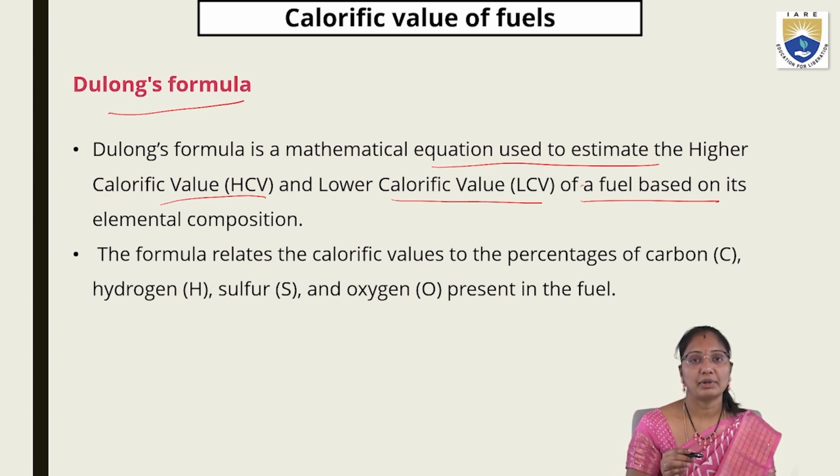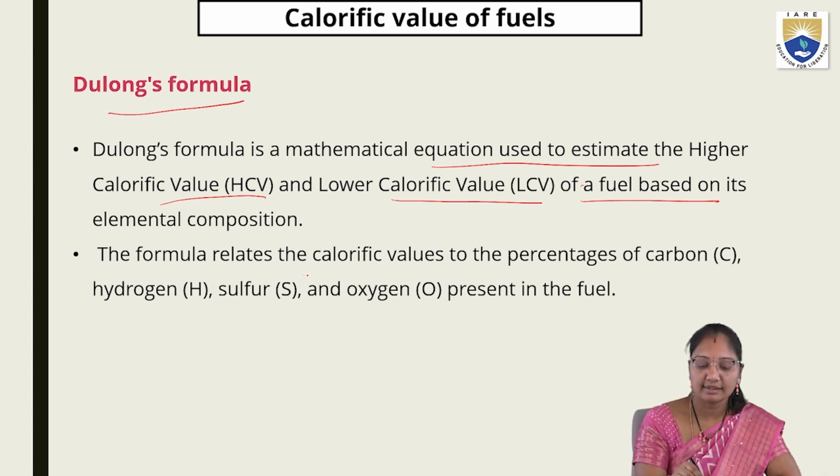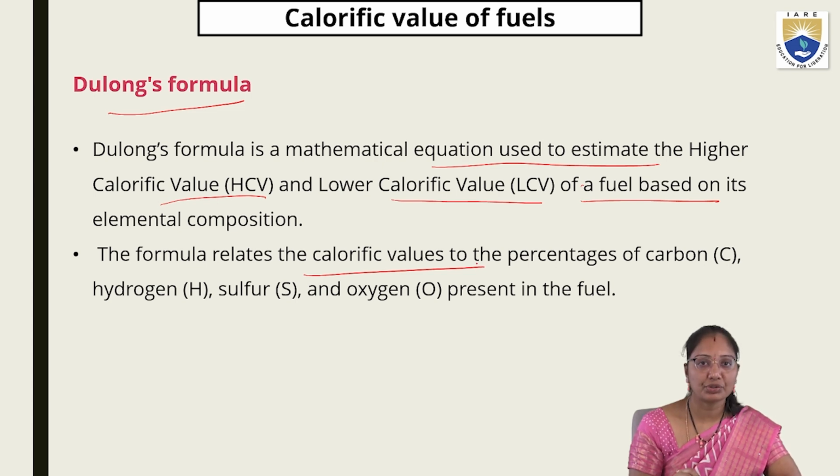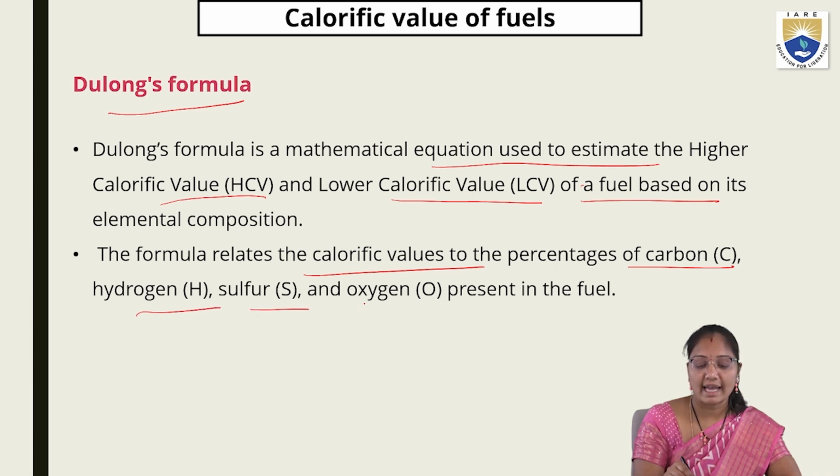By this formula, we can find out the higher calorific value as well as the lower calorific value of fuels. The formula relates the calorific value to the composition of the specific fuel, which is the percentage of carbon, hydrogen, sulfur as well as oxygen present in the fuel.